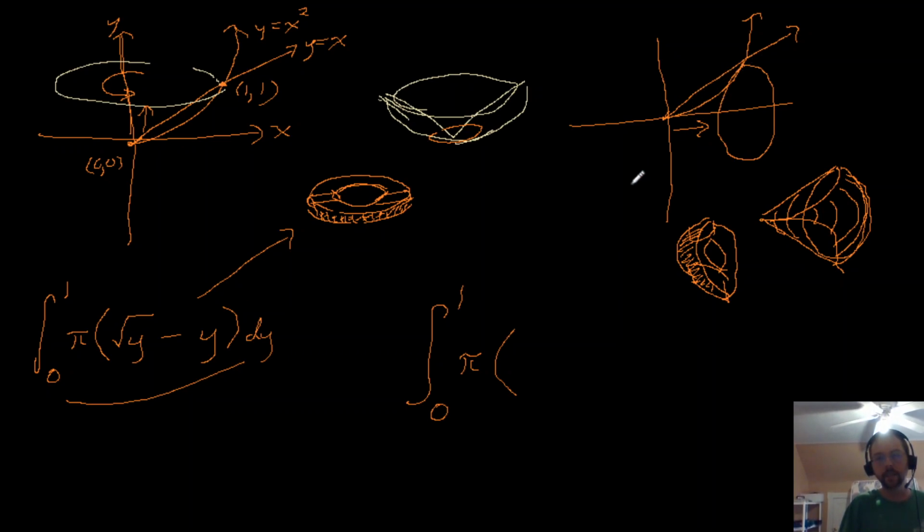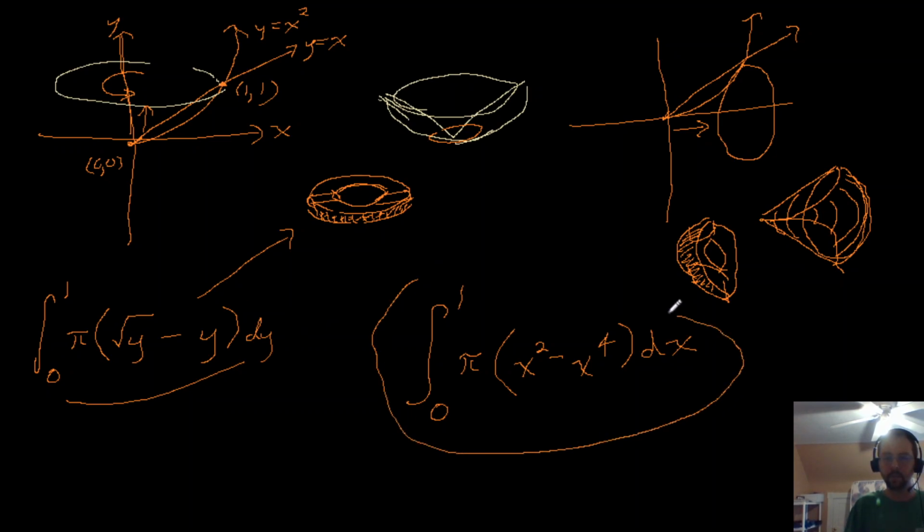So it's just x, but then we have to square it, minus the innermost one, which is x squared, but we have to square it, so it's x to the fourth, dx. So solving this integral would give you the volume of this shape.